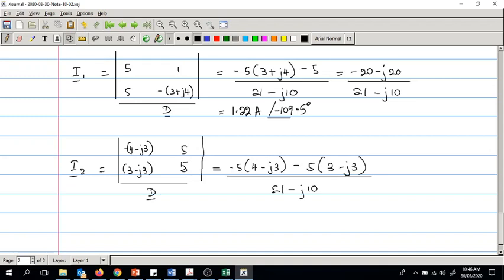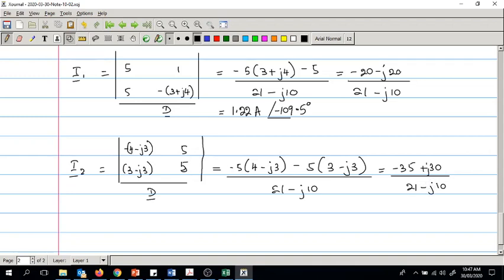So let's use the calculator to do this. Minus 5 into 4 minus 3i, minus 5 into 3 minus 3i, that is minus 35 plus 30j, divided by 21 minus j10.